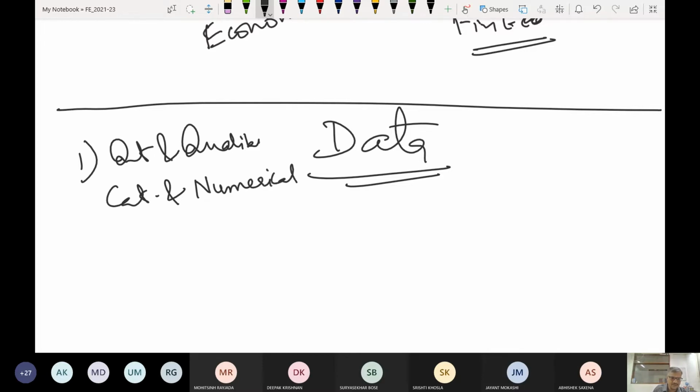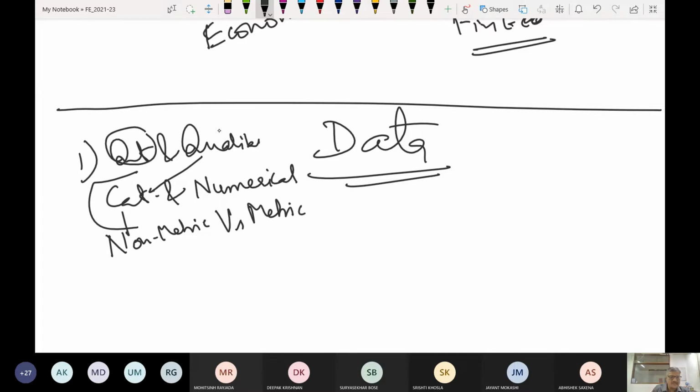I prefer to call them categorical and numerical. Some people call it metric and non-metric. So these are one classification: non-metric versus metric. I repeat: quantitative versus qualitative, numerical versus categorical, and metric versus non-metric. All these three sets of terms can be used interchangeably.